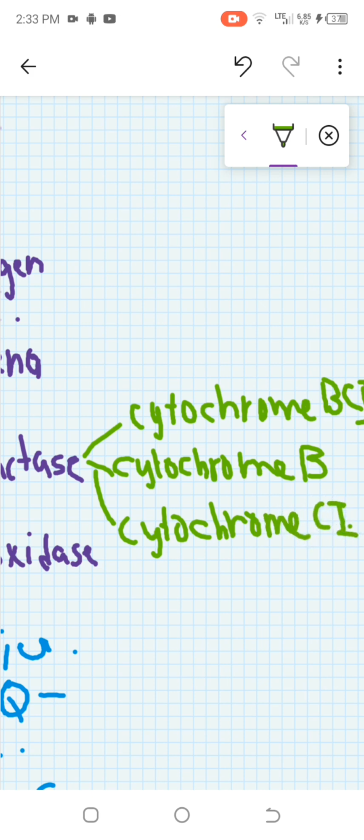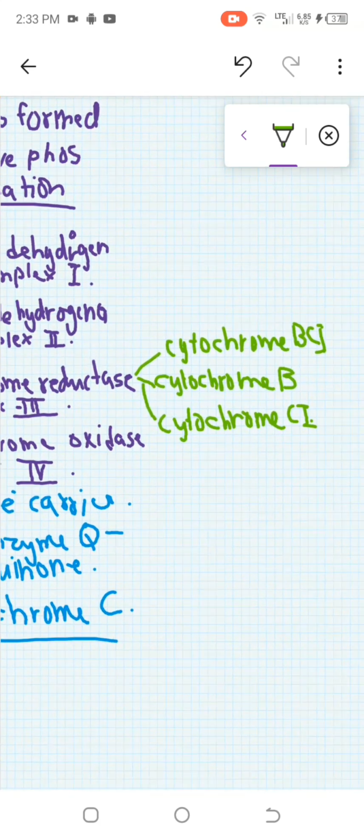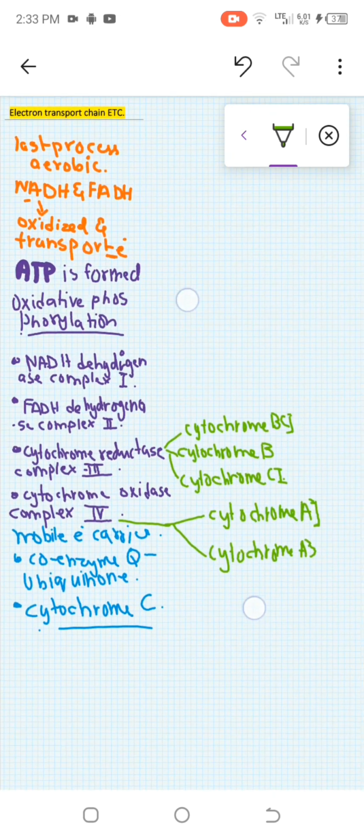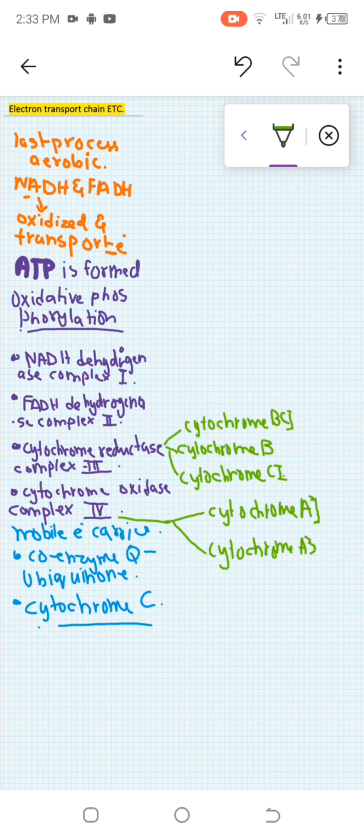The fourth complex is also divided into two types, cytochrome A1 and cytochrome A3. We are going to discuss all these in much detail. I hope it is clear to you till now.